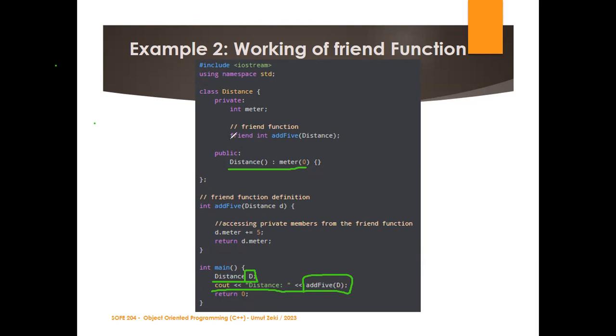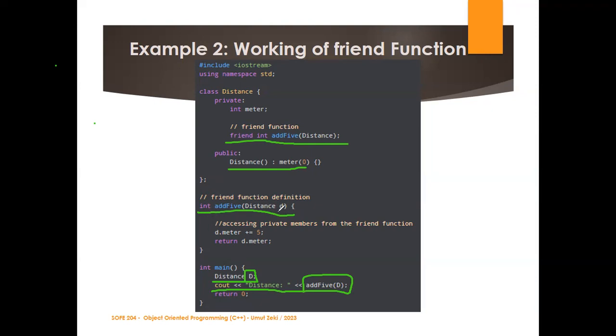Where is add5? Add5 is a friend function. Let's go to the definition of it. By the way, you can write the definition here as well. It is okay, but here we only use the prototype in the class and the definition outside of the class.